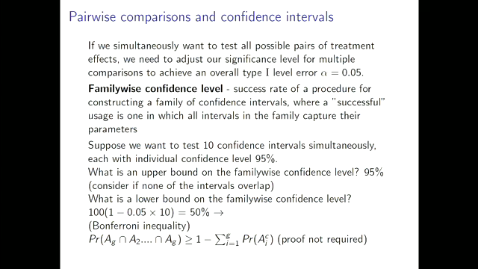The overall confidence for all those tests is not 95%. Even if you assume them independent, it's going to be something like 0.95 times 0.95 for the second comparison times 0.95. You quite quickly get below 95% overall. Okay?